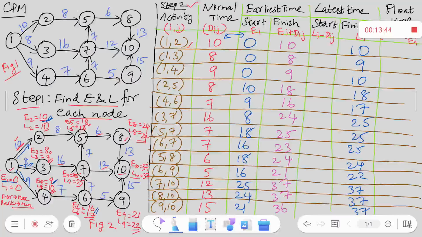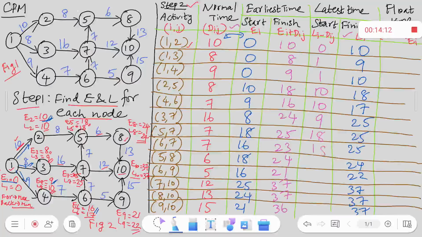Okay. Now, Li minus Dij. Li is here. Dij is here. I have to subtract and write. It becomes 10 minus 10, 0. 9 minus 8 is 1. 10 minus 9 is 1. 18 minus 8, 10. 17 minus 7, it is 10. 25 minus 16 is 9. 25 minus 7 is 18.